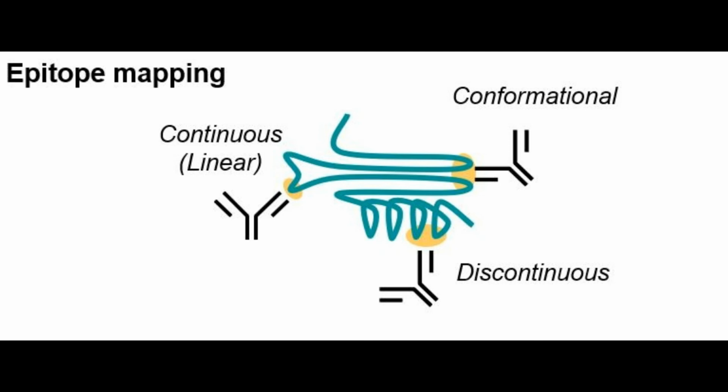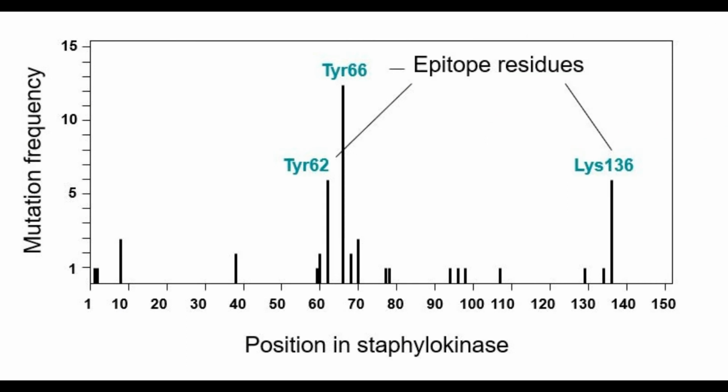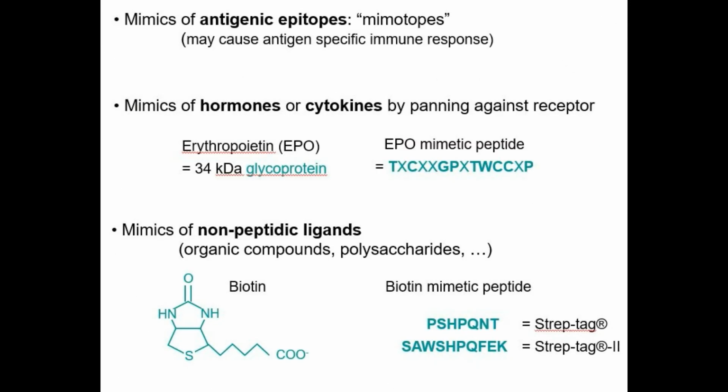So we have a provision for determining the location where these epitopes are present, depending on the mutation frequency. We can also have peptides expressed by these phages that can mimic a particular antigen, and then attach to those antibodies that are specific to it.